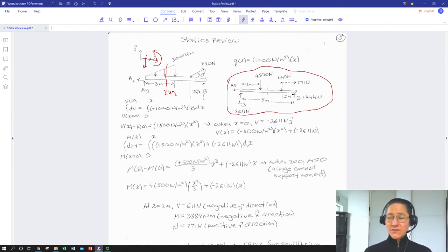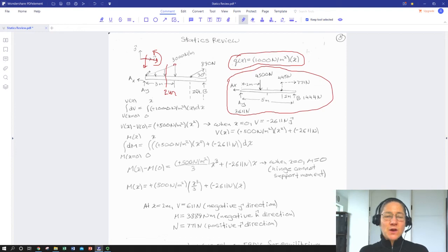So those give us the starting and ending points for integration when we drop in our relationships between distributed load q, or load per unit length along the beam. That's what this load is.